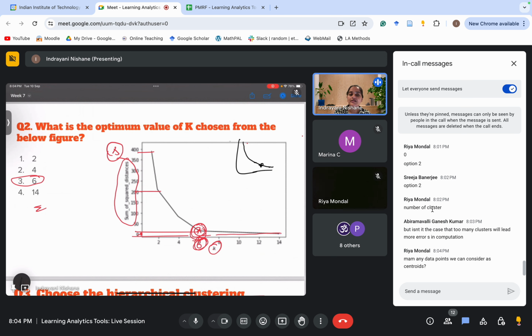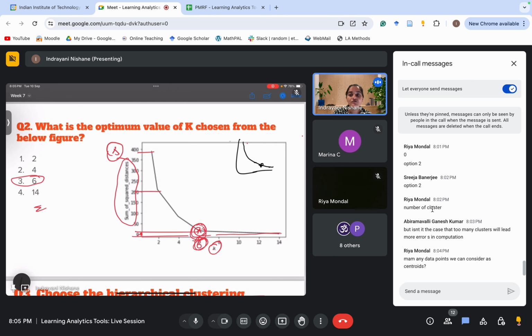So in k-means clustering we will be using this optimum value of k. The best value of k would be equal to the number of data points, but we are not going to put every single data point into its own centroid; we want to create some profiling of our data points. We want to combine two or more data points into one cluster, and then consider that cluster as one group of students.